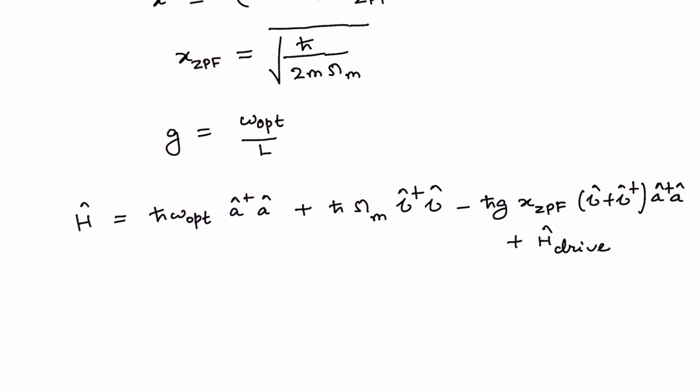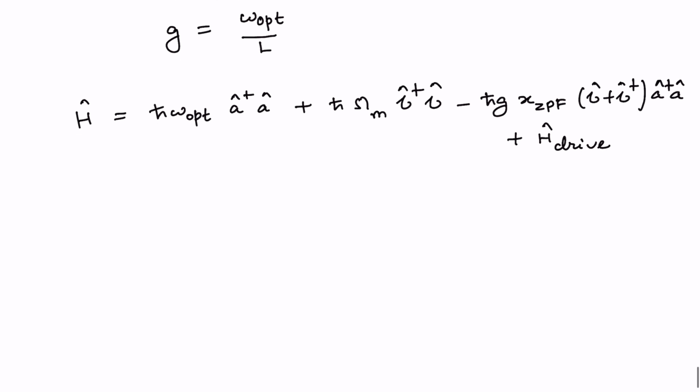I can make it a little bit simpler if I define a quantity capital Z, defined as small z into this zero point fluctuation, and this parameter capital Z is defined as the optomechanical coupling parameter.